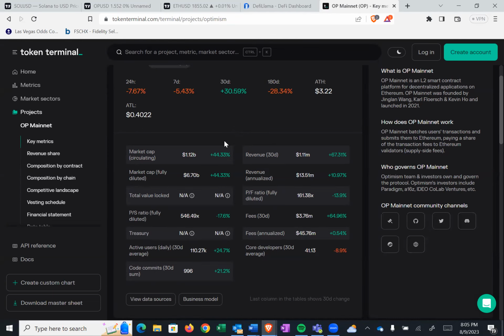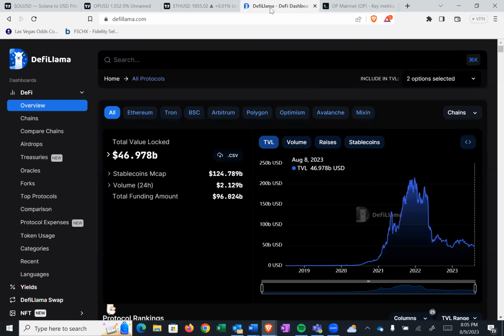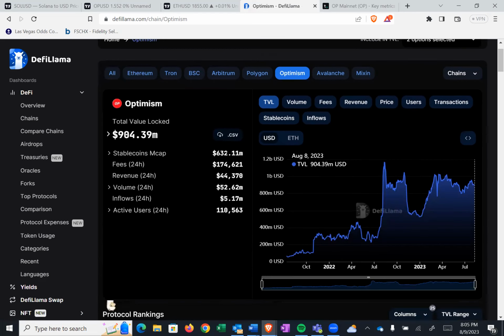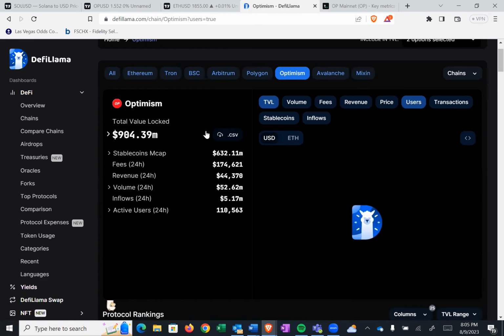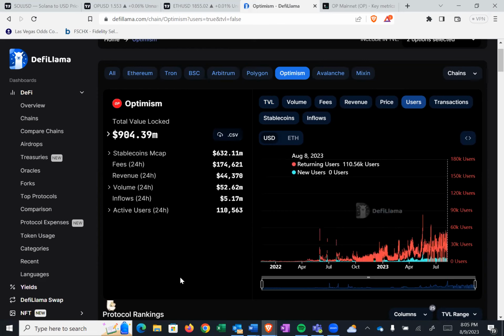I think that their revenue is up, their users are way up, everything is up and to the right. Their total value locked is way up. Okay, it's almost at $1 billion here. You can look at users as well, and you can just see that the users are just up and to the right.